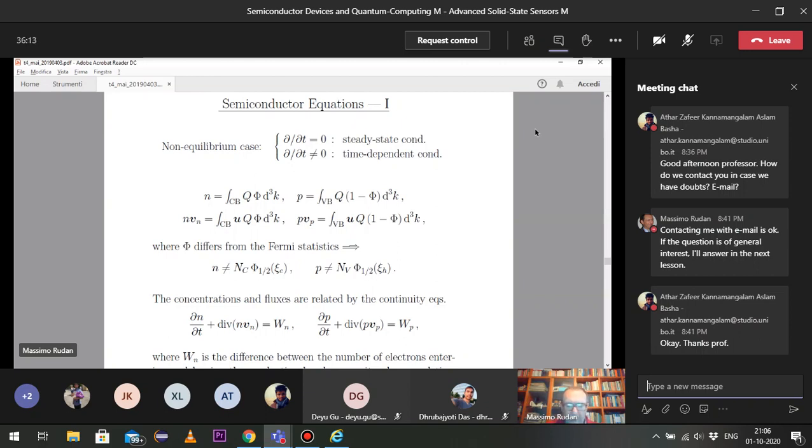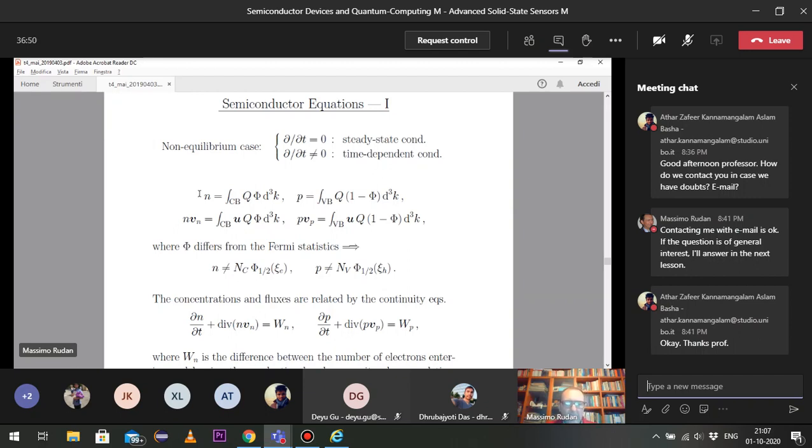You cannot express anymore the concentrations N and P as Fermi integrals. These two relations here do not exist anymore when you are in the non-equilibrium condition. So you must consider that N and P are unknowns themselves, and also the average velocities also are unknowns themselves.